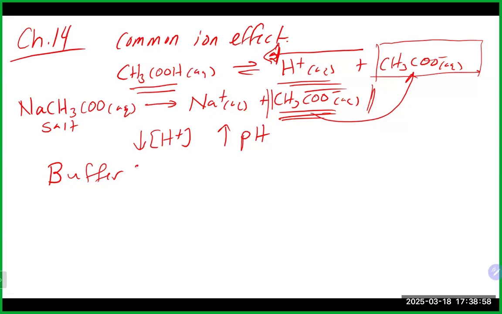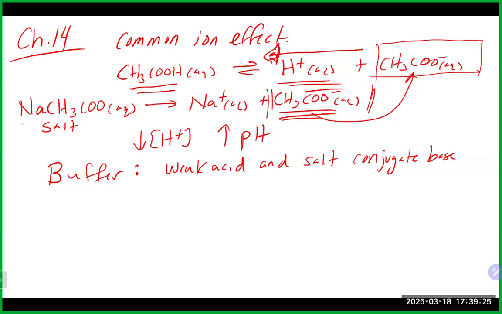A buffer, as we talked about, is made up of one of two combinations. You will either have a weak acid and the salt of its conjugate base. The salt really just means it's got something like a sodium or potassium. It's not really doing much, as we know, it's a neutral sodium or potassium.